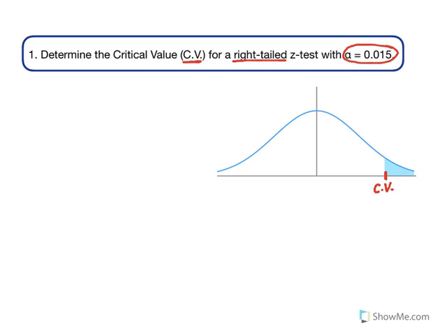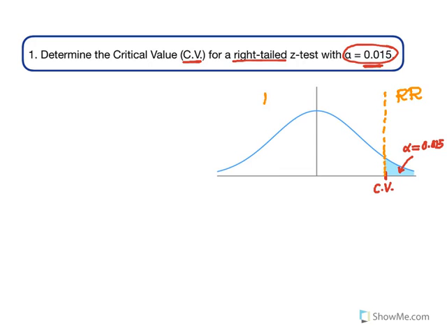Alpha that you see here is the area of the rejection region. So this is alpha, which in this case is given as 0.015. Because it's a right-tailed test, alpha is to the right. What I want to show you now is that once you compute the critical value, if you draw a line here, then the rejection region becomes the region to the right side of the critical value for a right-tailed test.